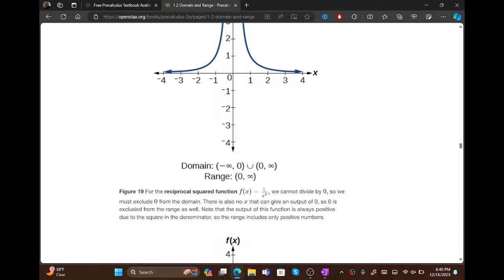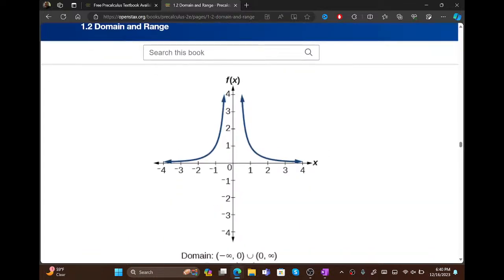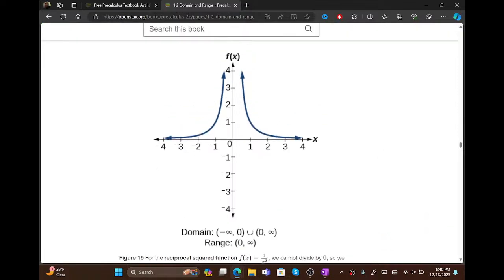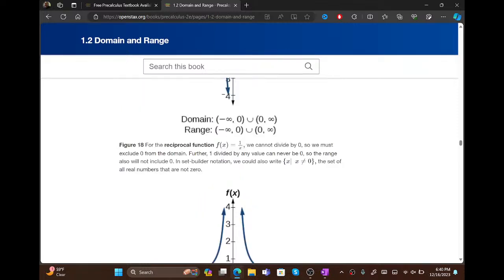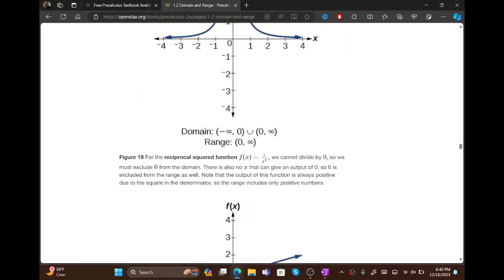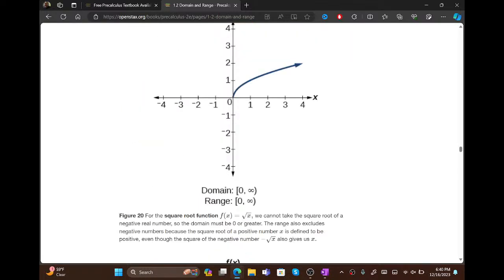We must exclude 0 from the domain, right? And then the range as well. But in a graph, obviously, since they're giving us the graph, we can clearly see the domain and range very clearly. Now, when it comes to algebraically, that is where we have to understand the idea of how asymptotes play a role in domain and range, which we'll get to later.